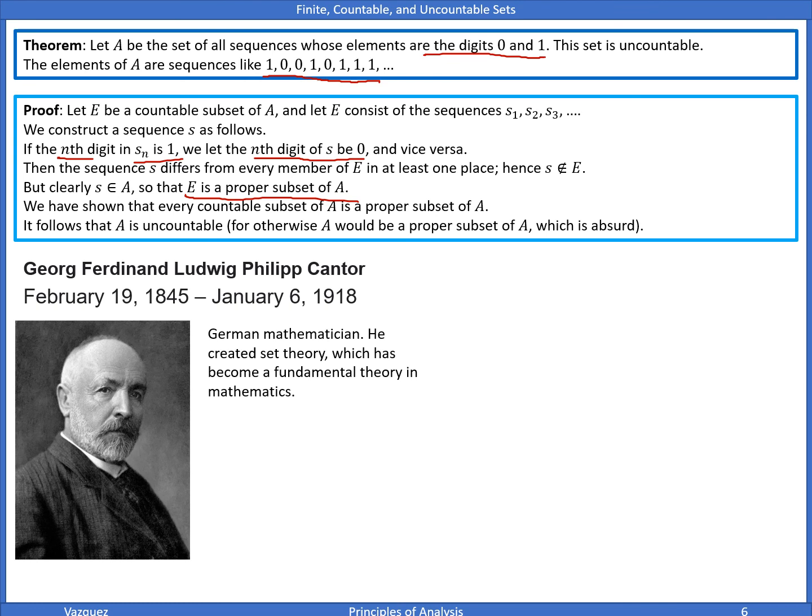He created set theory, which a lot of mathematicians say is a fundamental theory in math. And he was German, and he came up with this clever form of proof. And we're actually not done talking about him for this class. We're going to be looking at Cantor sets and other different things that he came up with that are really interesting.